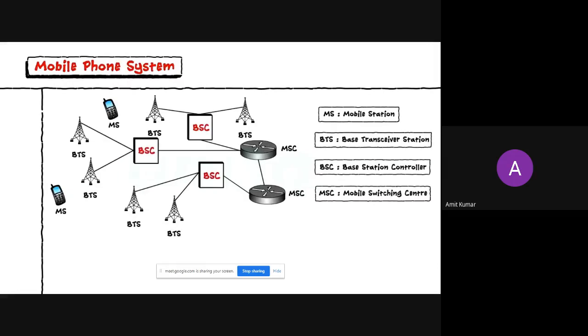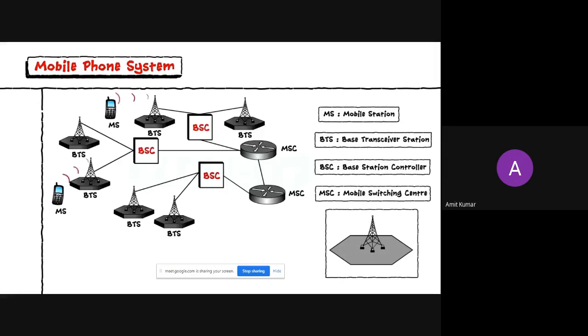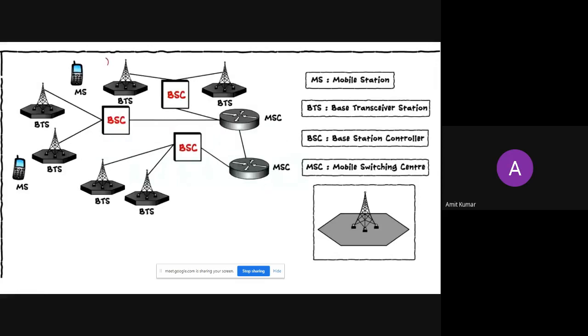In this diagram, MS is nothing but the mobile phone of a user. Every cell has its own base transceiver station at its center. Whenever a call is set up, the first signal is sent to the base transceiver station of the cell. From this base transceiver station, it goes to the central base station controller, which controls the working of all the base stations.